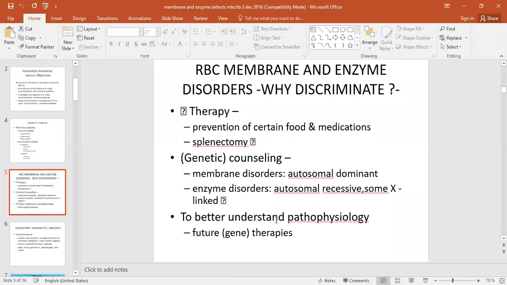The other reason is that some of these disorders have been associated with excessive enlargement of the spleen, and so patients will tend to present with splenomegaly. The question we have to grapple with is, do we remove the spleen to prevent the destruction of the red cells or not? Is splenectomy part of therapy for patients with this kind of disorder?